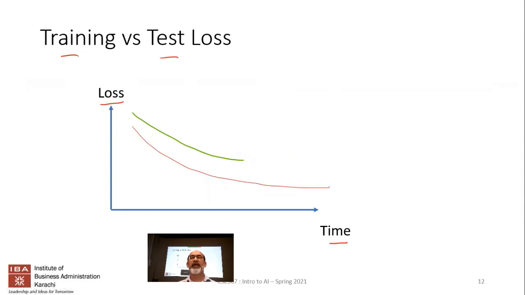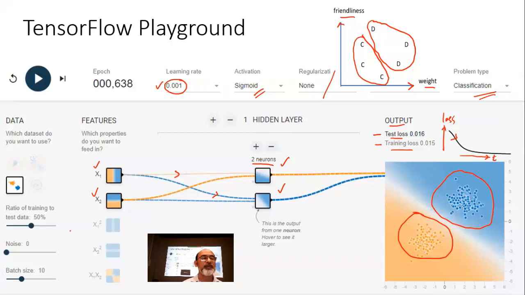As I mentioned last time, what's the difference between training and test loss? Basically, you have a bunch of data, and some of it is being used for training, and some of it has been separated for testing purposes. After you've done the training, you want to be able to test. If you look at the previous page, you can see that 50% of the data has been used for training and 50% for testing. You could change this ratio online on this TensorFlow Playground.